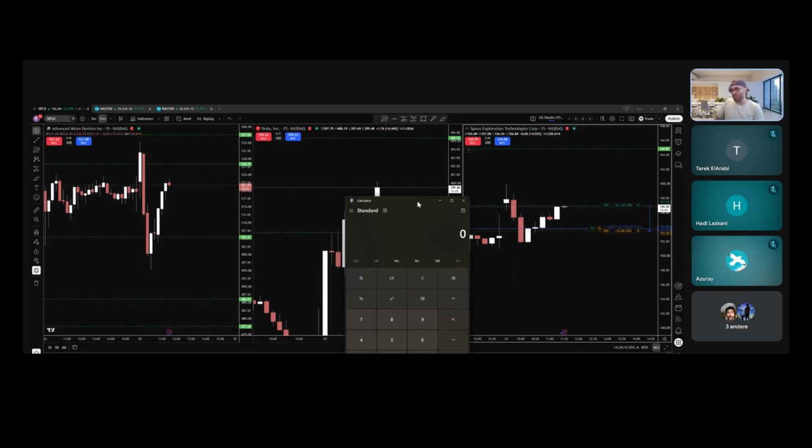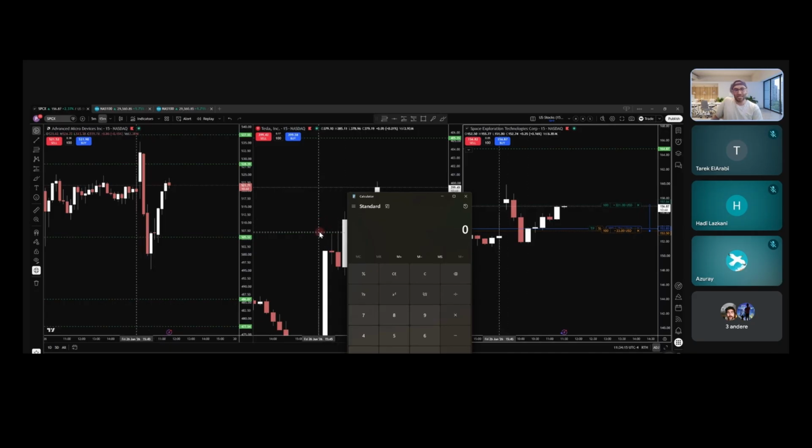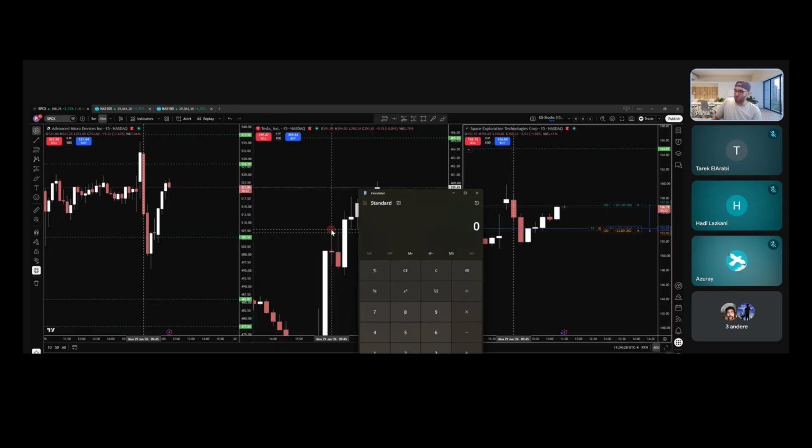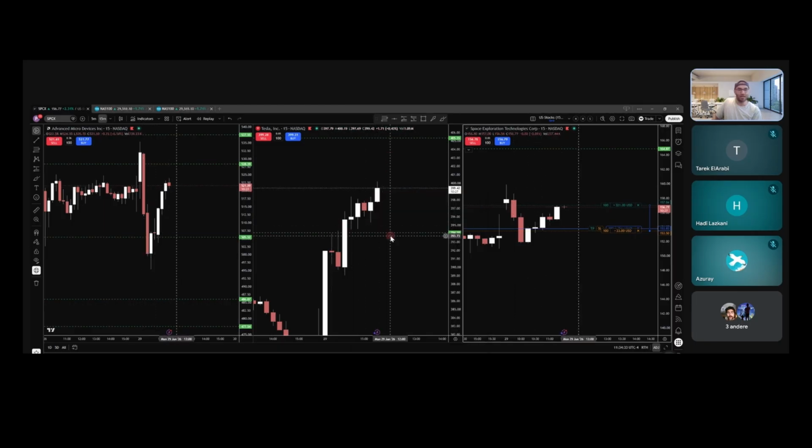But sometimes, since nothing is perfect in this world, I say, okay, I have a breakthrough. Yes, I had a level here, but try to imagine there was no level here. I say, yes, that got rejected. So there is a zone here. There is probably something here. So it went through. So above that, I will put my limit order here. It will get me in. And from here, let it fly.